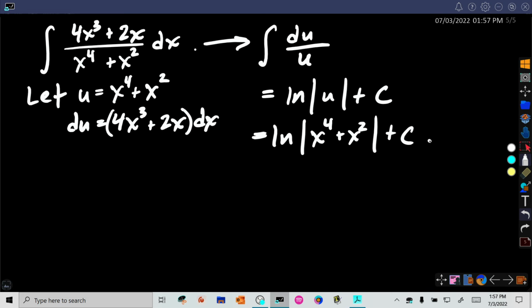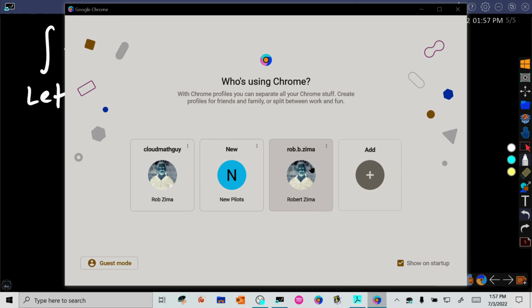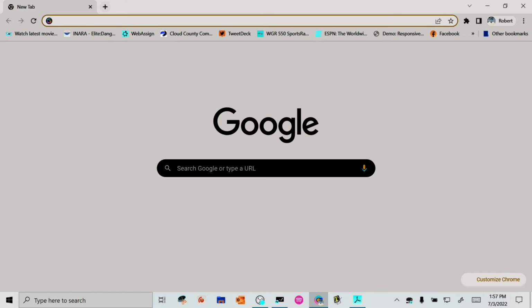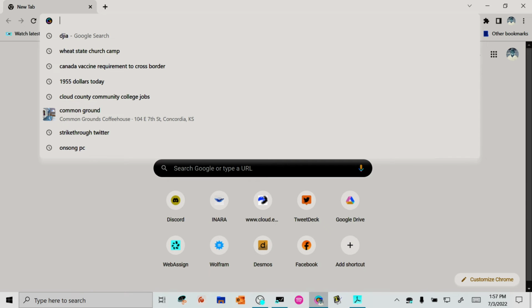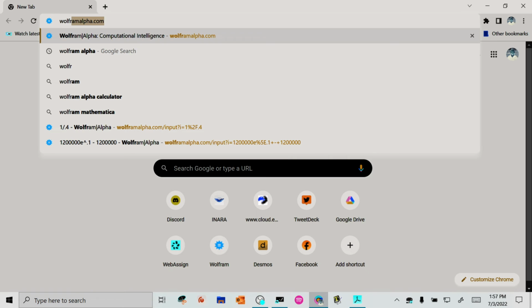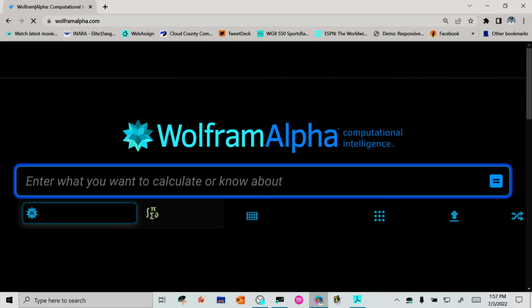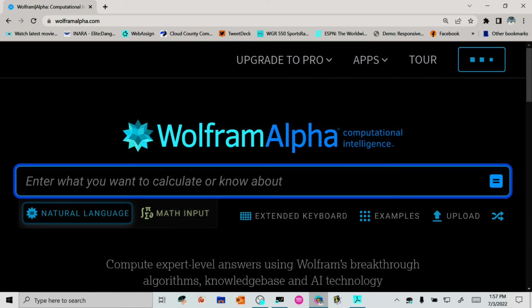I do want to point something out really quick, and that is that you can actually go about solving a lot of these on Wolfram Alpha. I probably shouldn't have told you that, but I'm going to anyway because it's a tool and I'm all about sharing information. If it's going to be helpful in solving these problems, why deprive yourself of something that's going to be beneficial to you?